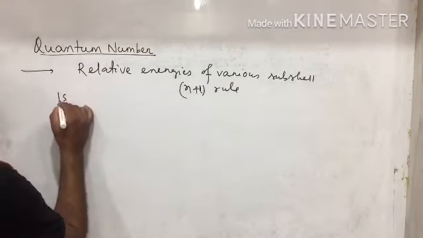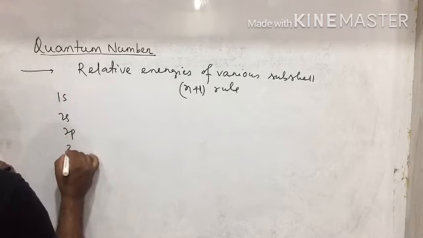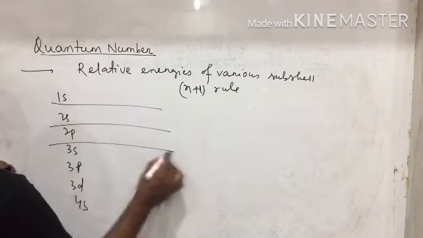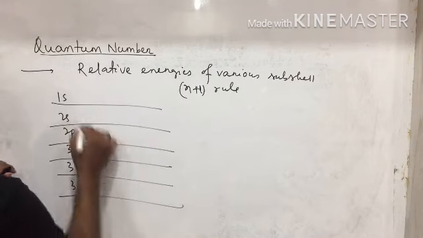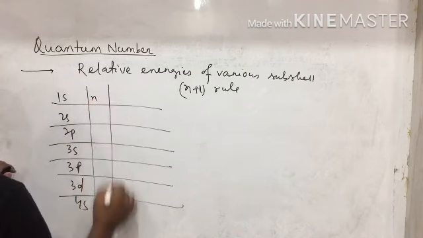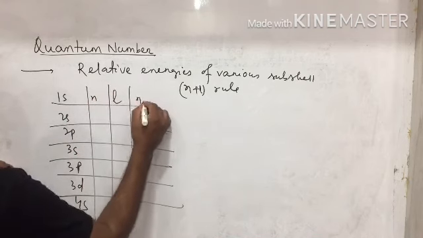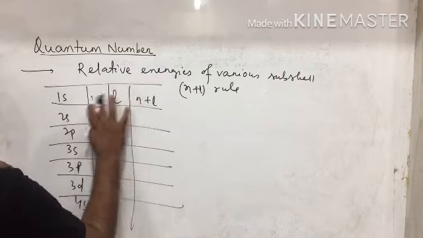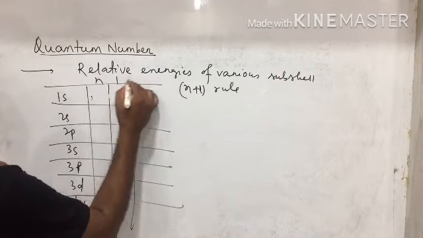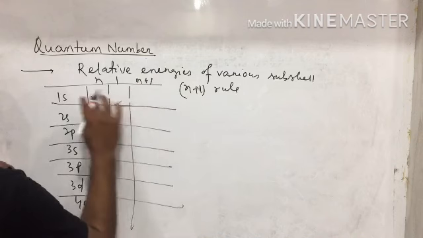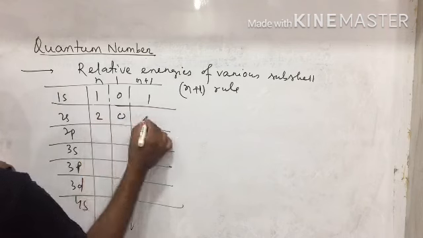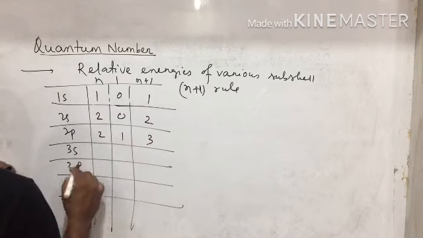So you will remember like this: 1s, 2s, 2p, 3s, 3p, 3d, 4s, like this. So n value, l value, n plus l value. Clear? Yes or no? For 1s: n is 1, l is 0, n plus l is 1. For 2s: 2, 0, 2. For 2p: 2, 1, 3.